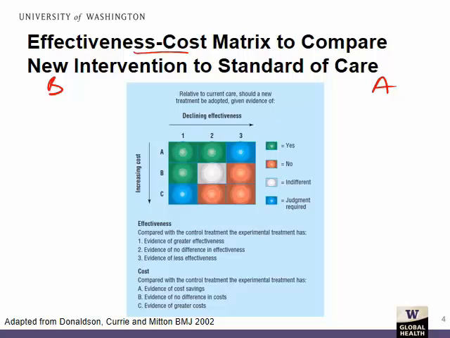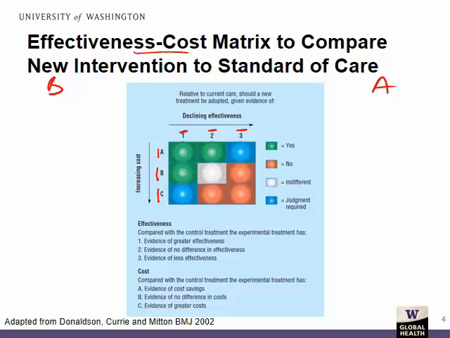So in one, you have intervention B is more effective than intervention A. Here you have intervention B is as effective as intervention A, and here you have intervention B is less effective than intervention A. And here you have increasing cost. Here the new intervention is less costly, of equivalent cost, and here it is more costly.